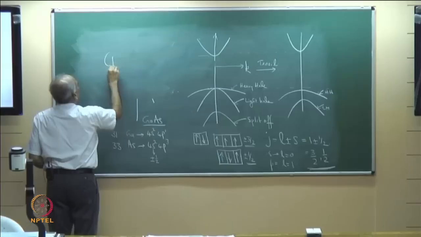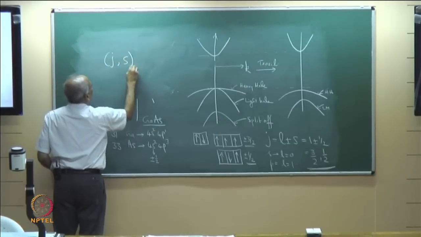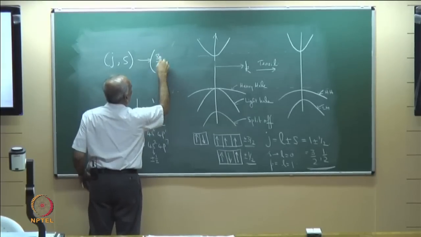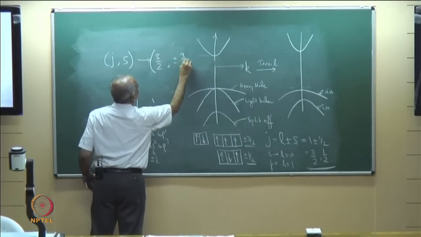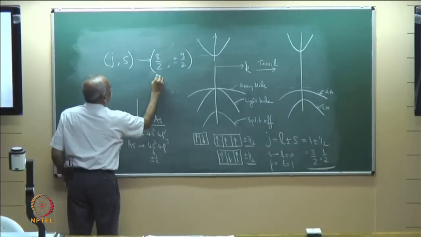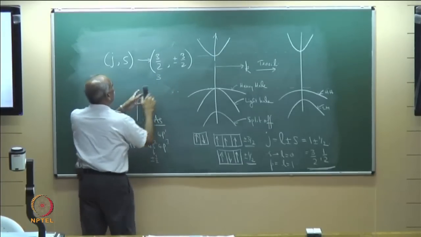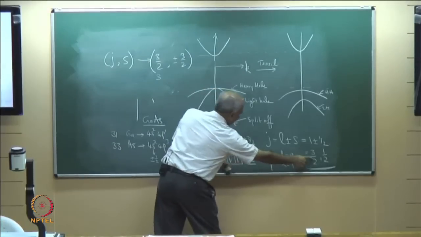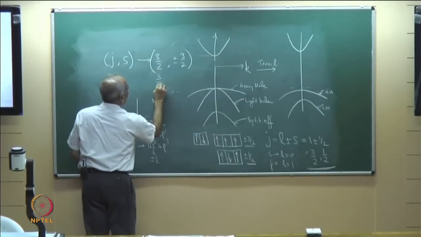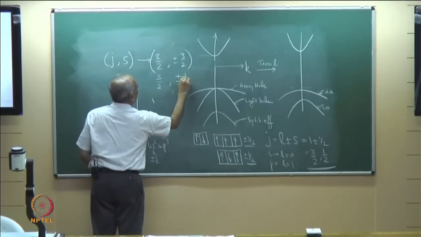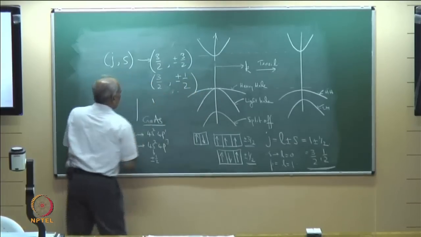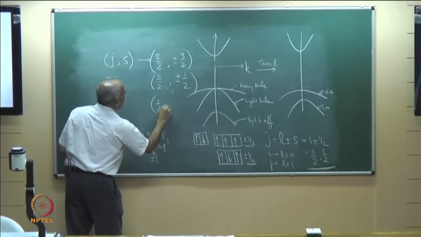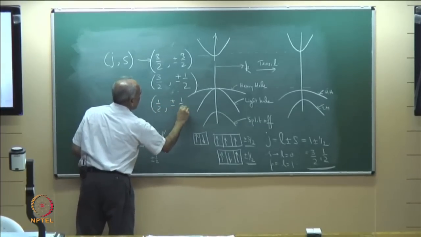The states are represented by J comma S, which gives the possible combinations: 3/2 comma plus minus 3/2, 3/2 comma plus minus half, and the last one is half comma plus minus half.